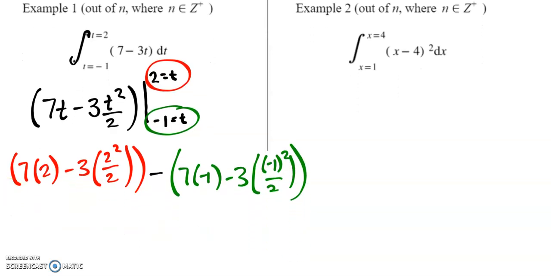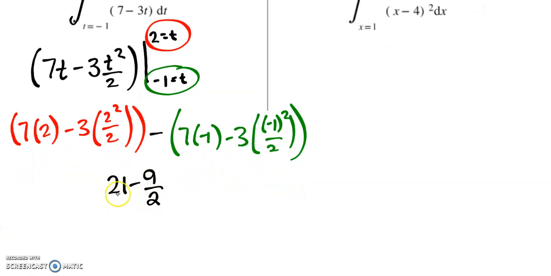And I can go through and do this all by hand, or I can type stuff into my calculator. You could go step by step, but we should expect that we should be able to evaluate this, and we end up with 21 minus 9/2. So 21 minus 9/2 is going to be 42 minus 9 over 2, 33/2 would be your final answer.